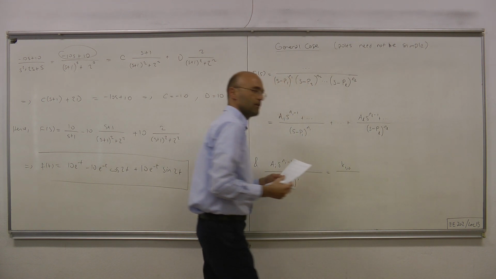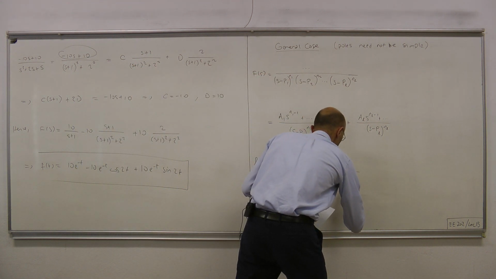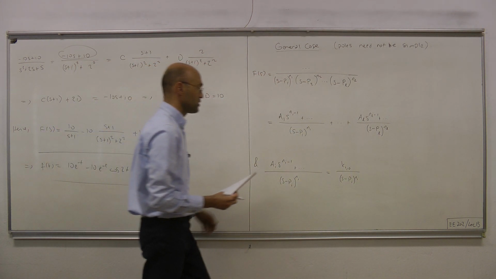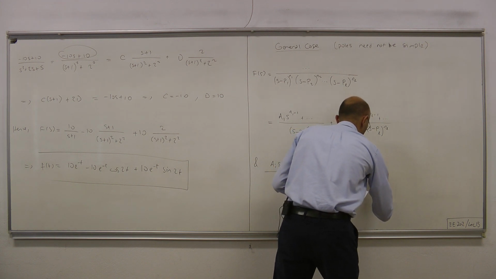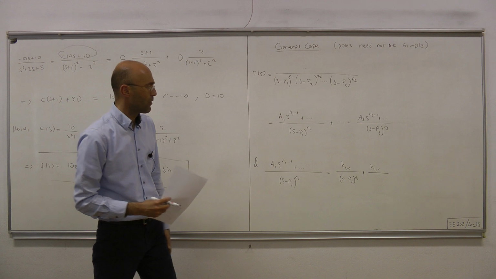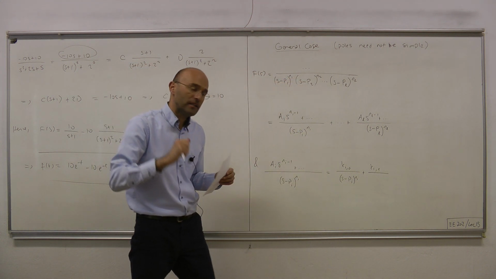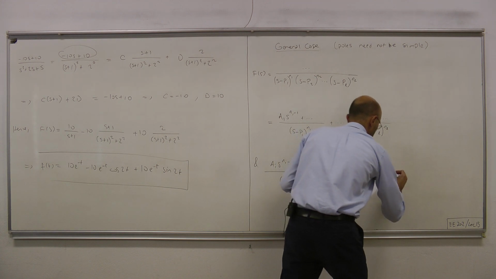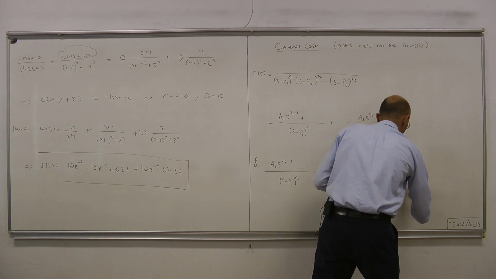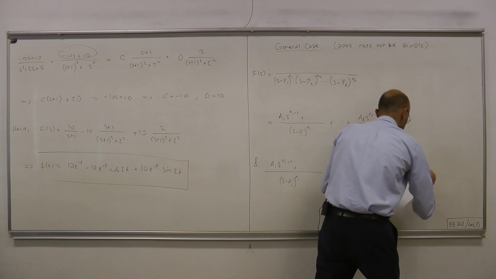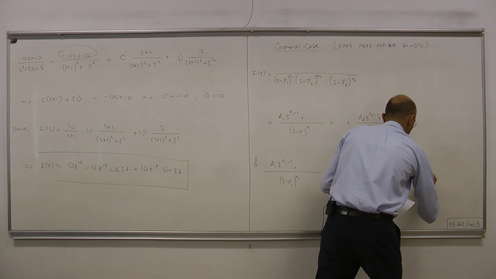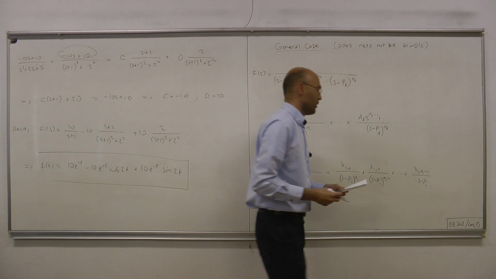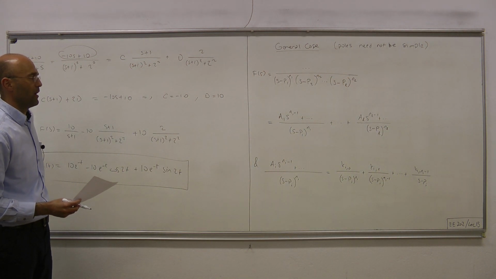Ki0 over (s minus pi) raised to the power ni plus Ki1 over the same thing but with degree 1 less, (s minus pi) to the Ni minus 1, and so on up to Ki(Ni minus 1) over (s minus pi) raised to the power 1. Therefore, we have only s minus pi.